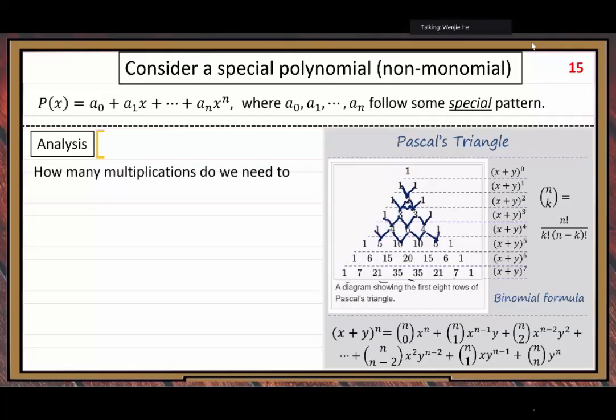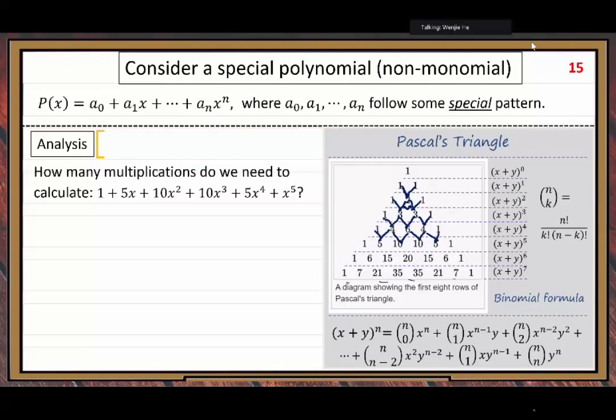Here, let me show you one simple example. How many multiplications do we need to calculate this special polynomial? It's not a general one, it's a special one: 1 plus 5x plus 10x squared plus 10x cubed plus 5 times x to the 4th plus x to the 5th.